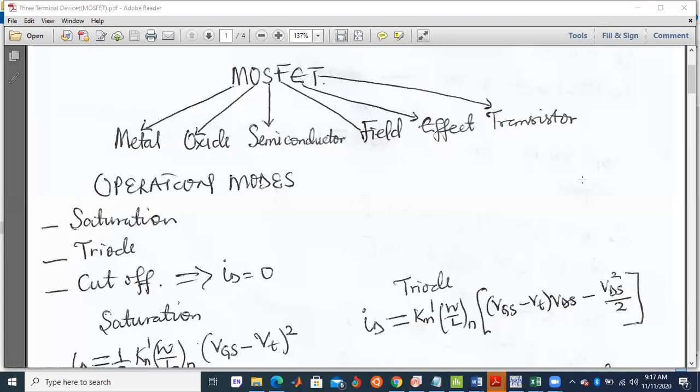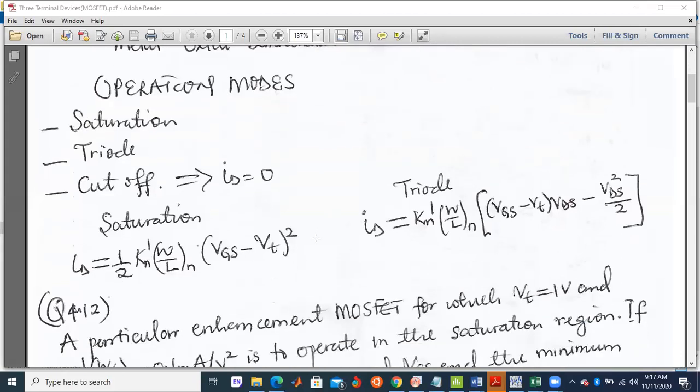When VGS is greater than the threshold voltage, it is in the saturation region. When VGS is less than or equal to the threshold voltage, it is in the triode region. For the pinch off region, you have to use VDS minimum equal to VGS minus VT. When this occurs, it means that the device is in the pinch off region. So these are just simple things you know.